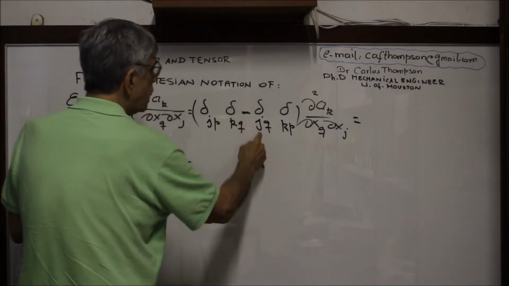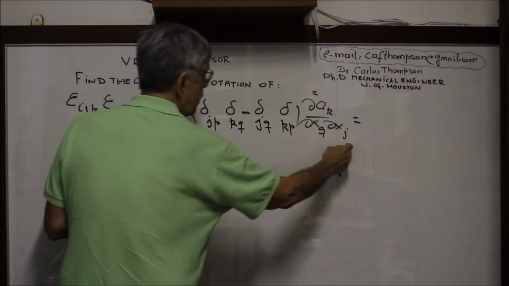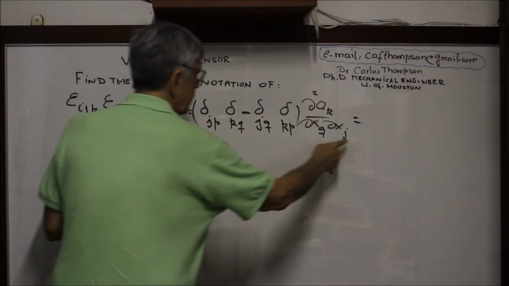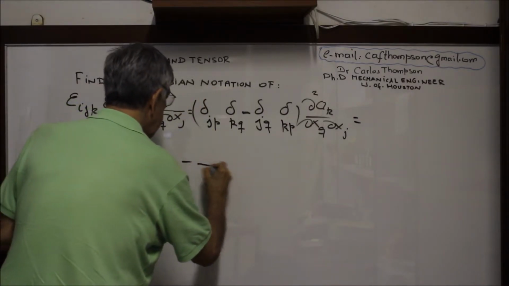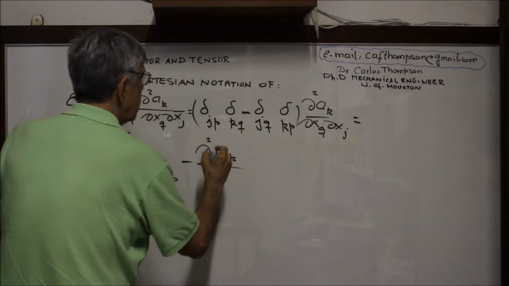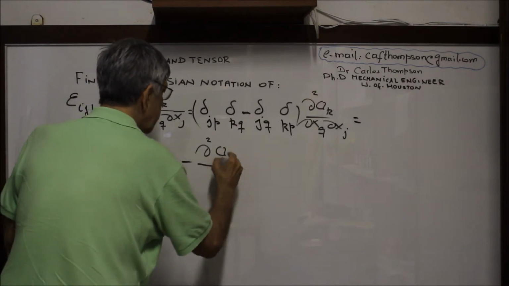Now, delta jk. Again, I remove j and put k here. Now it will be partial of A k, and put k over here.